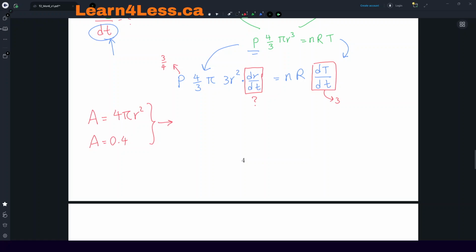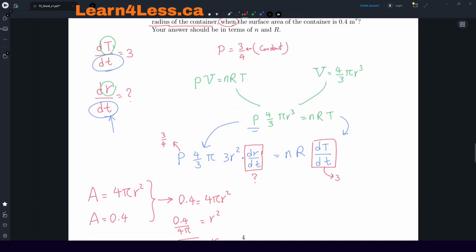So from these equations, I know 0.4 is equal to 4 pi r squared, and here I can solve for r. Dividing both sides by 4 pi, I get 0.4 over 4 pi. So r is the square root of 0.4 over 4 pi.